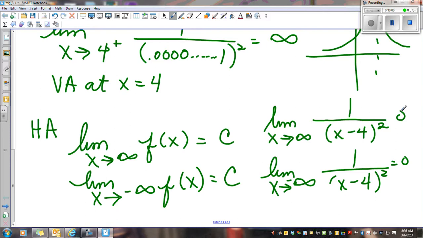We said that if the degree of the top is less than the degree of the bottom, we automatically go to a horizontal asymptote of 0.